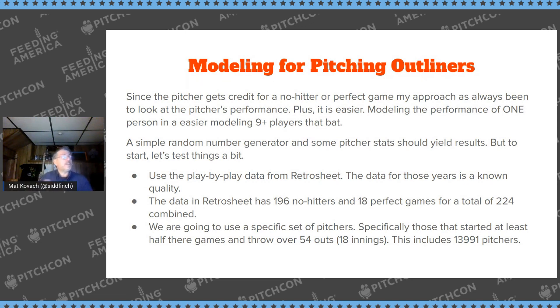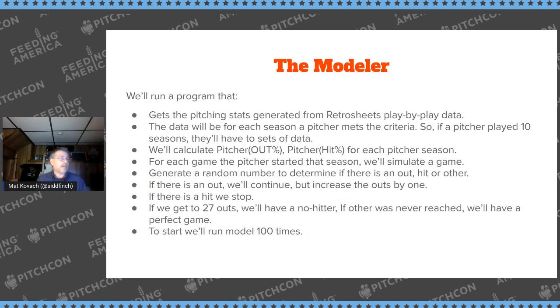He could do it for 1 or maybe 2 innings. So I decided I would look at pitchers that started at least half the games they appeared in, and threw over 54 outs or 18 innings. That gave me 13,391 specimens.